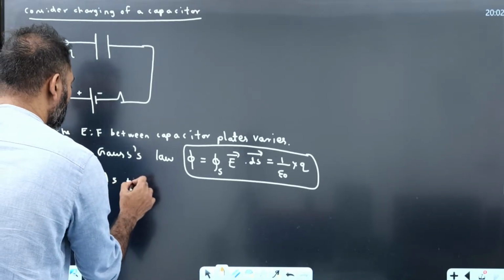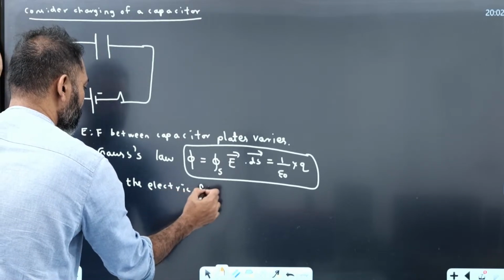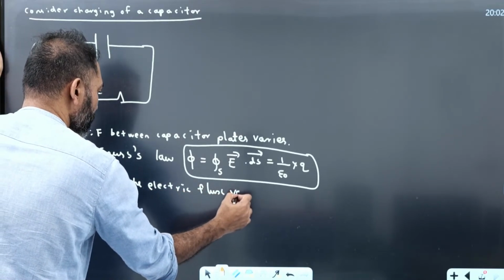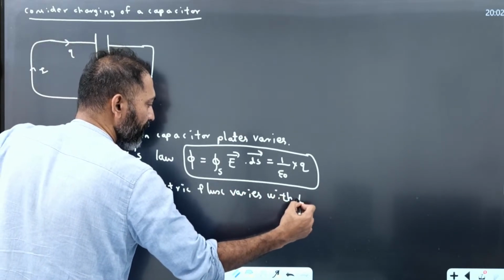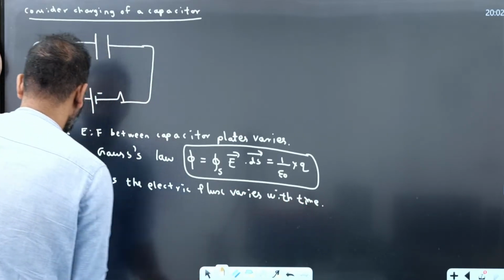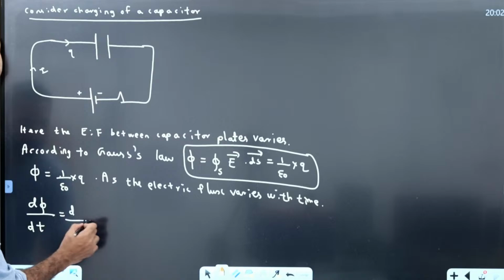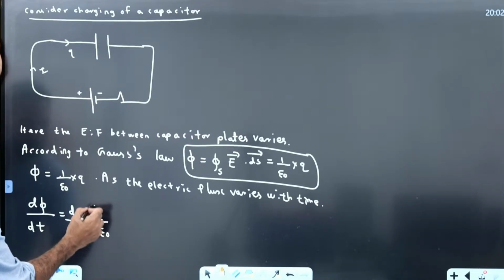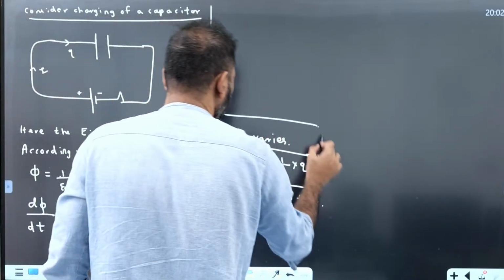As electric flux varies with time, d phi by dt, I am differentiating. d phi by dt is equal to d by dt of q by epsilon naught. Isn't it?